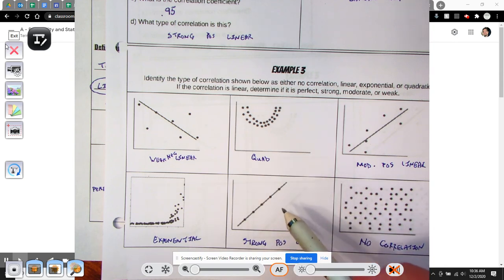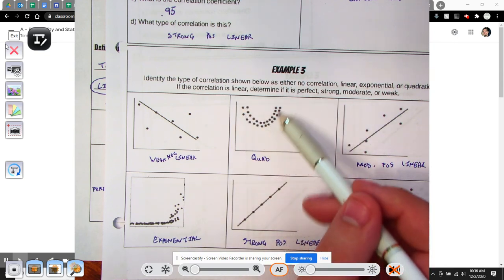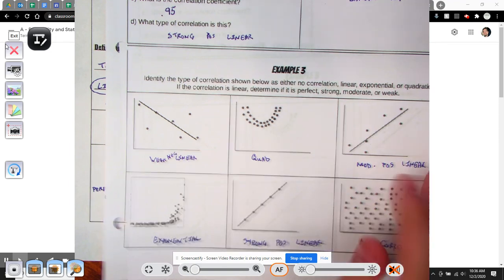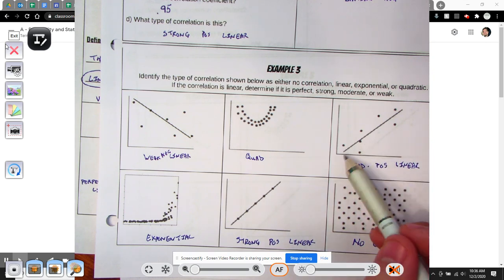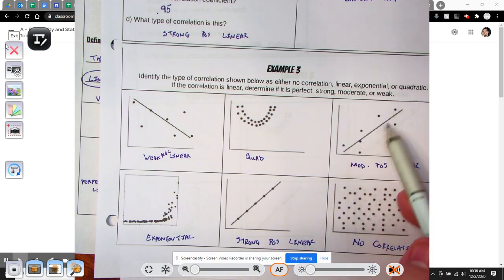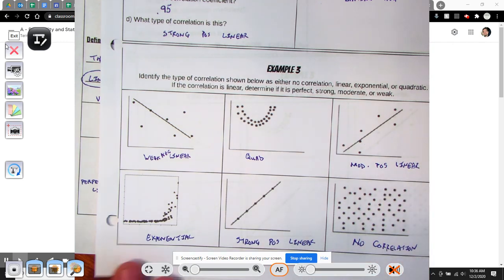Second one I said is quadratic because it forms a U. Third one I said a moderate positive linear. Positive because it's going up, linear because it looks like it forms a line, moderate because it's getting pretty close. If you said strong, I would accept that also.